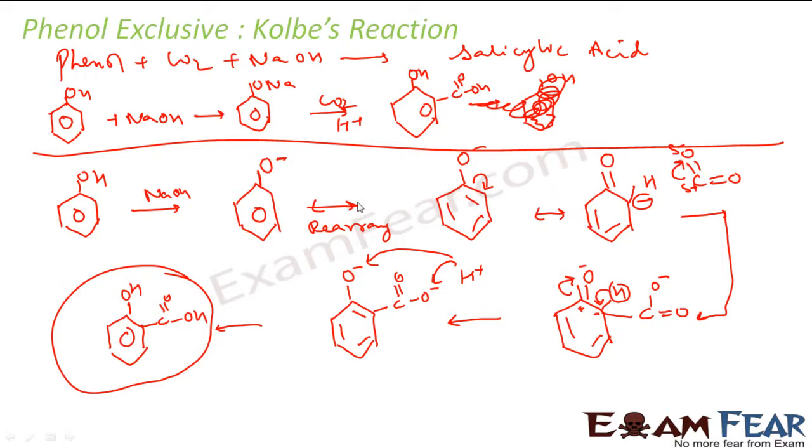Hope you understand the mechanism. This was O minus, it went for a rearrangement, and with that I got a negative charge here. My carbon could easily attack and form a bond, but again I don't want to break my aromaticity. So I reshuffle things to bring back my aromaticity, and I got O minus twice here. In that, H plus attacks, and then you get this reaction.